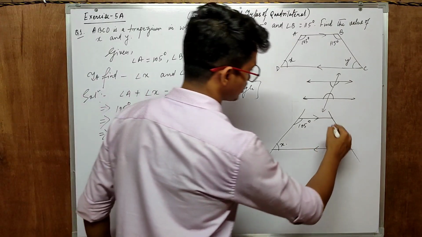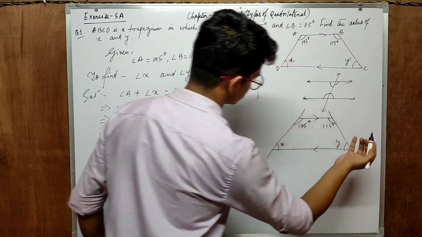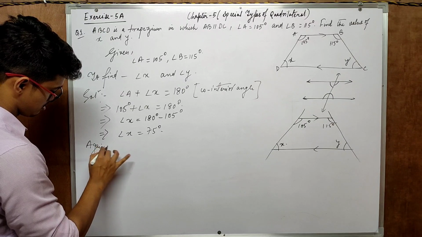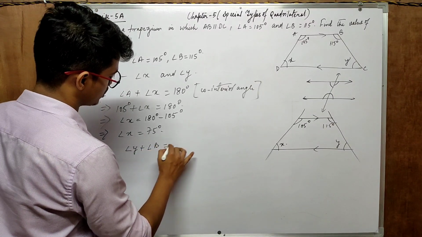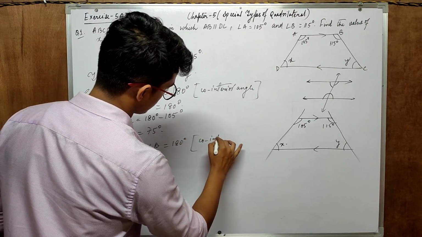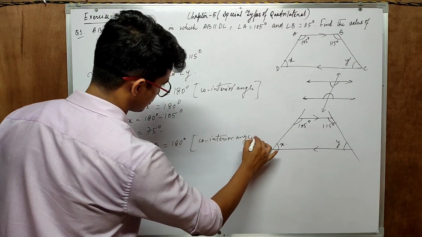And another one is what? 115 degrees, and there is Y. Same process again. Angle Y plus angle B equals 180 degrees. Same process, that is co-interior angle, and the same thing will repeat.